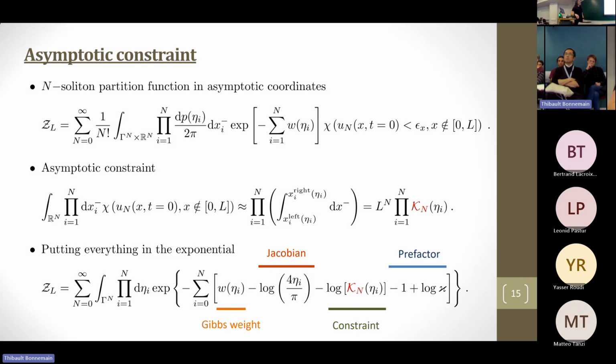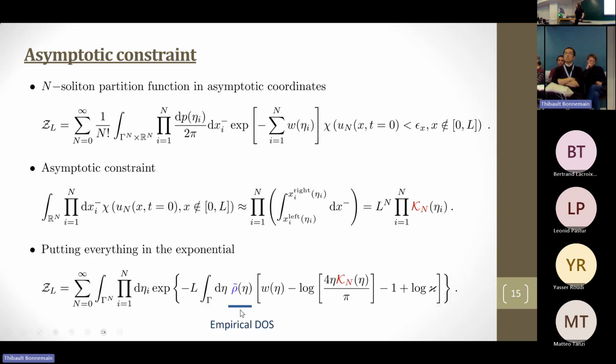Once I have this, I can also rewrite everything using the empirical density of states for finite n, where this asymptotic space density also depends on the empirical density of states.